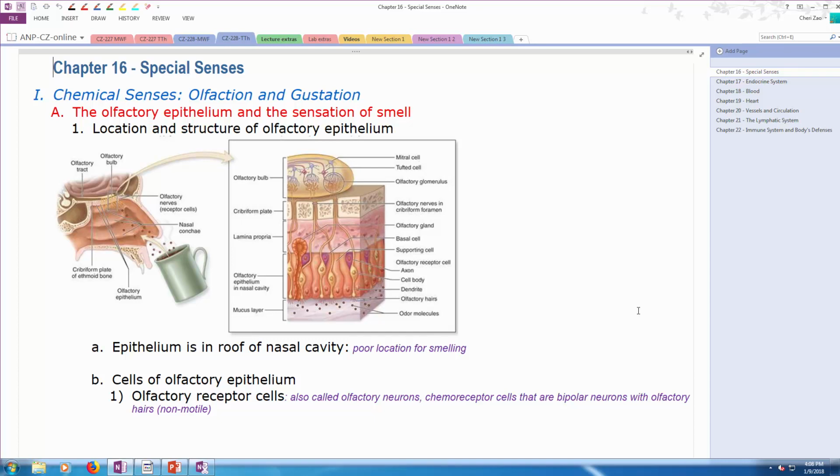Special senses differ from our other sensory receptors, because these are complex sensory receptors. We had a distinction. We had simple sensory receptors and complex sensory receptors. And it's because the simple sensory receptors are simple in their construction, and the complex sensory receptors are complex in their construction as well as the information relayed.